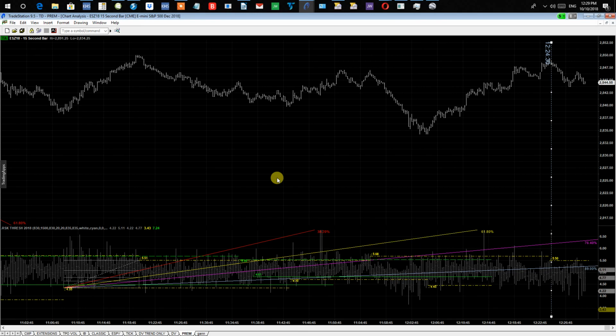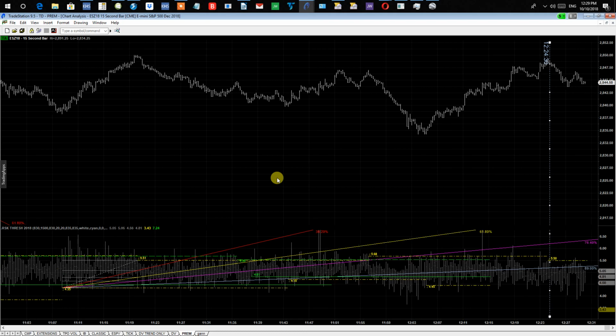So it would be a rare thing for there to be any need for lower highs on the premium, or higher lows on the premium. But at least you know now how to do that.